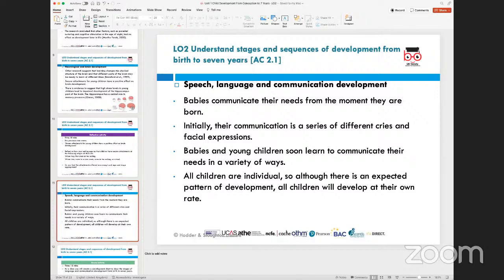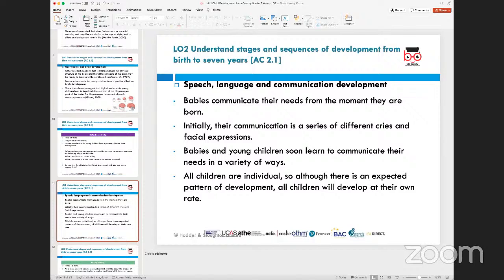Here, the child is acquiring vocabulary and grammatical structures, and expanding their vocabulary throughout the early years. That means pronouncing and remembering newer words and putting them into smaller sentences, with words sequenced together to make sense.